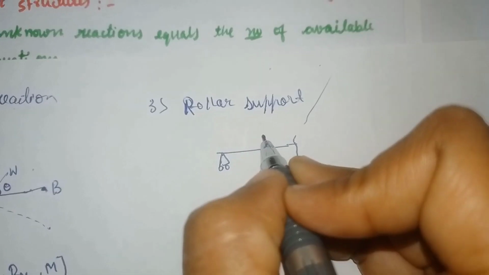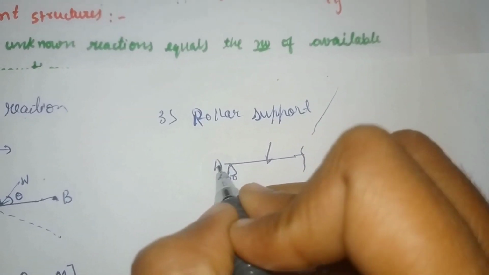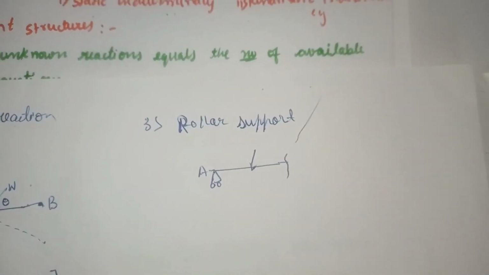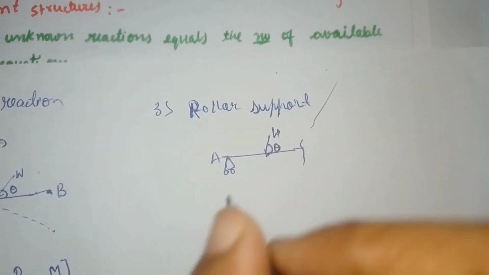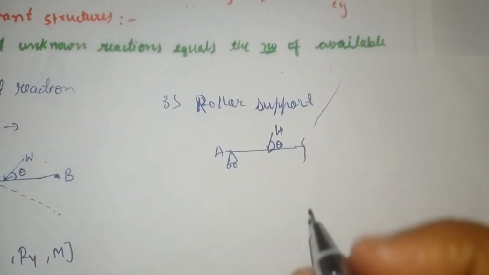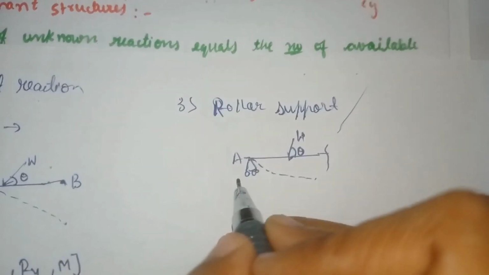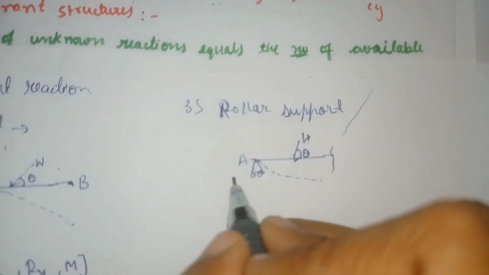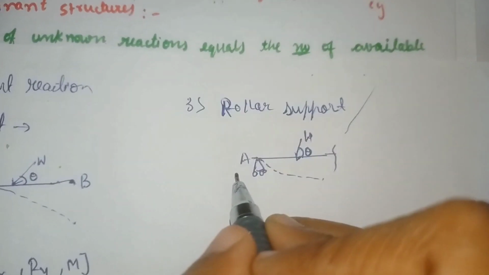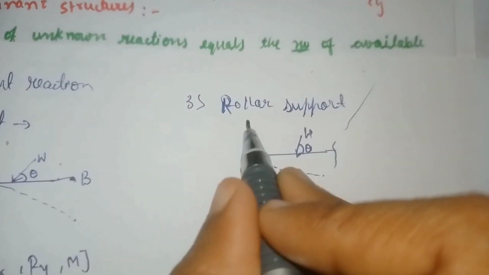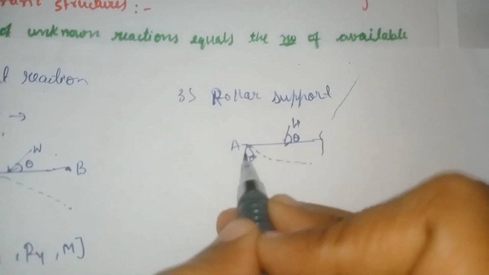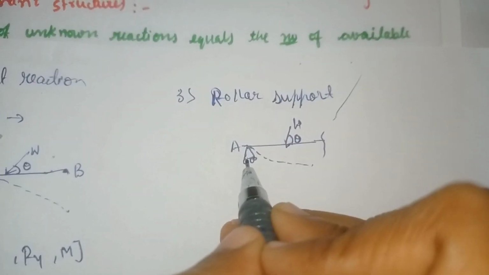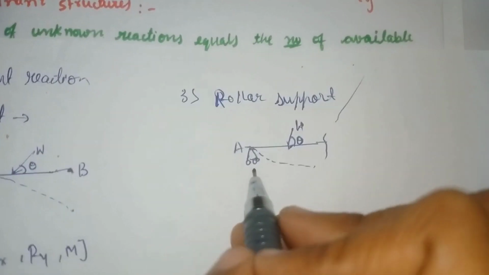If I cut the section here, if this is called point A, if I apply the load at any point here at an angle theta, so what happens here, the horizontal displacement, so that formation of horizontal reaction will not take place in case of roller support, because horizontally it moves because the support is having the roller.